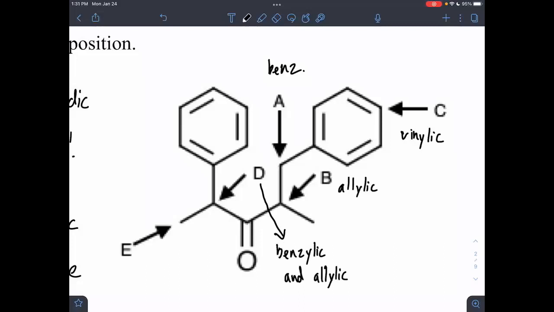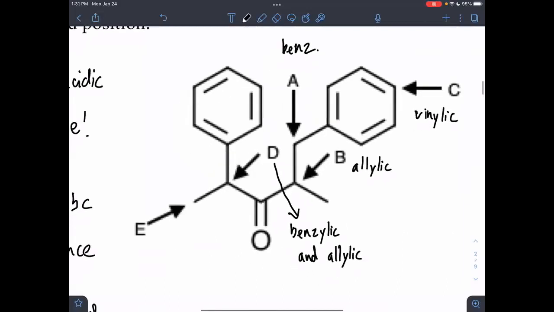And E, what do we think about E? How many carbons away from the double bond is it? Yes, so it's just like a regular, it's just nothing, yeah.